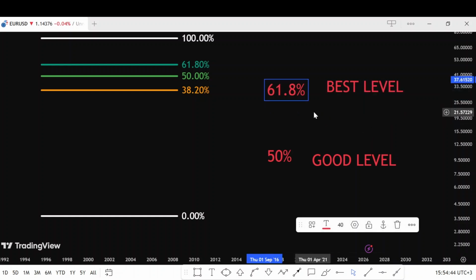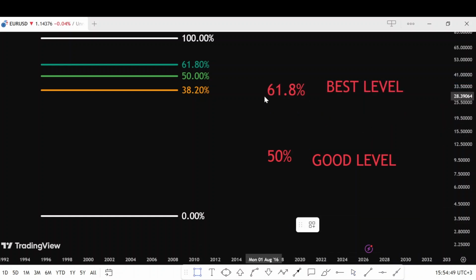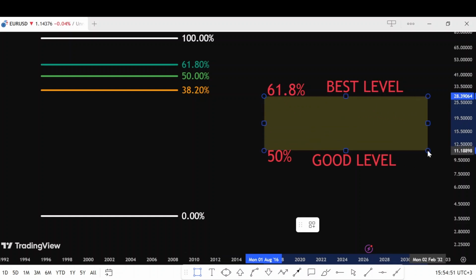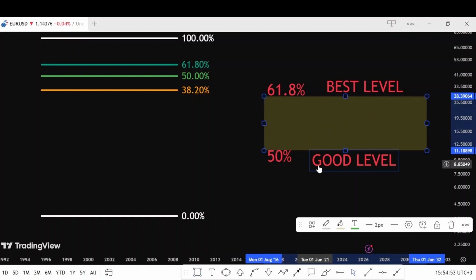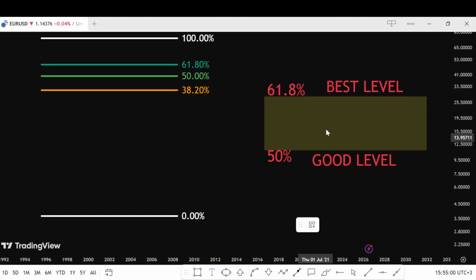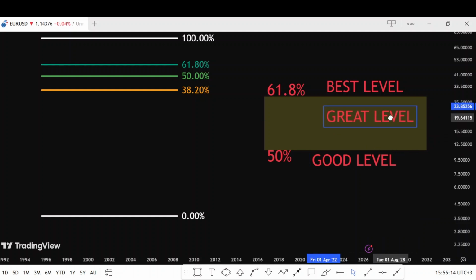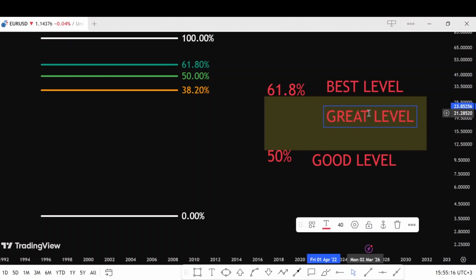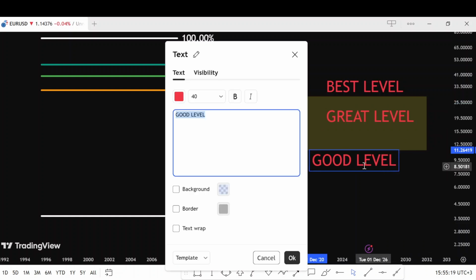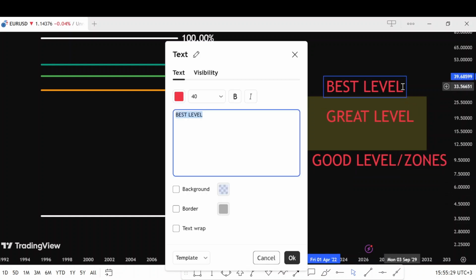And the zone in between 50% and 61%, that one we call the great level. So the zone between 61 and 50% is the great level, or you can call them zones or areas, because these levels are not just a line, they can also be zones.